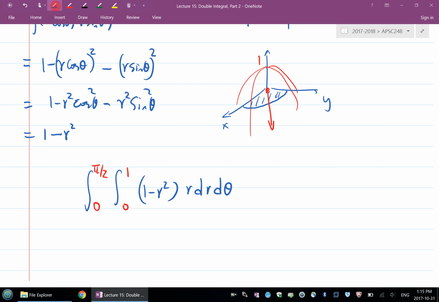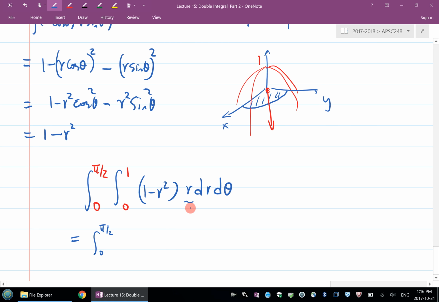Now you've got everything, and you just have to do the integration. This is definitely a much better looking integral than the one you get in Cartesian coordinates. It should be quite straightforward. Inside here, don't forget you have r.